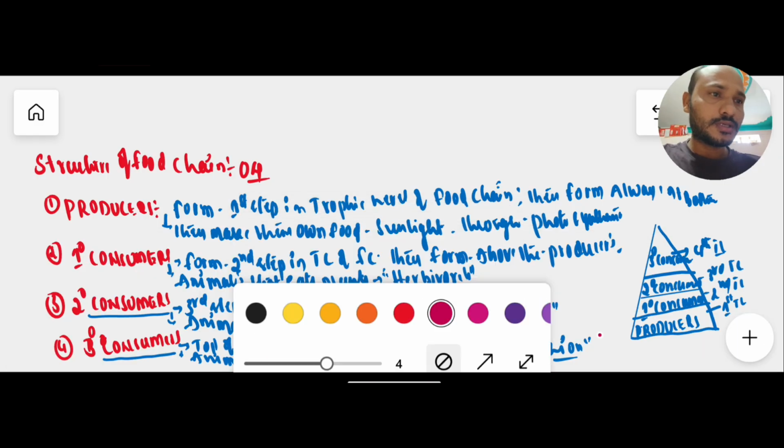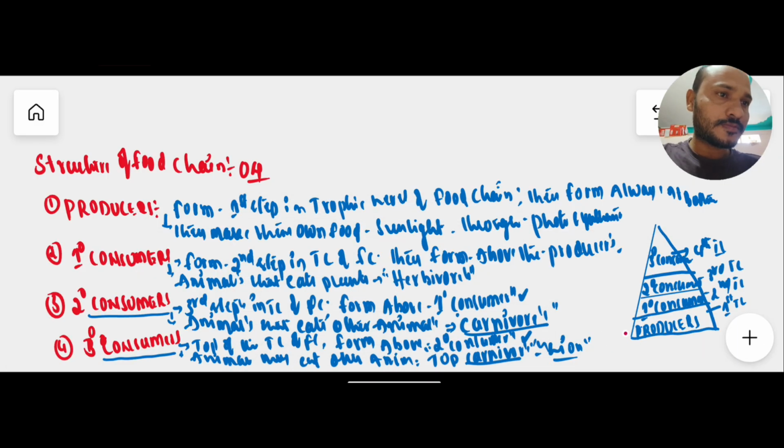So here, see, in primary, the first step at the bottom is producers, and these producers can make their own food by the process of photosynthesis, using sunlight as a source of energy. Generally producers include green plants and grasses. And primary consumers are animals which eat the plants, called herbivores. Secondary consumers are also animals that eat other animals, hence they are called carnivores.